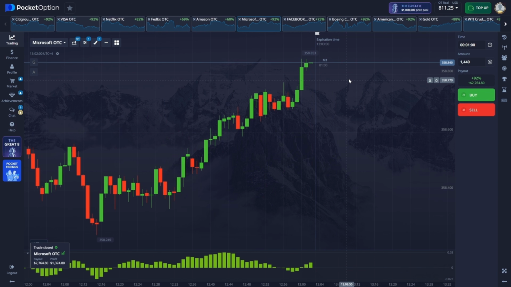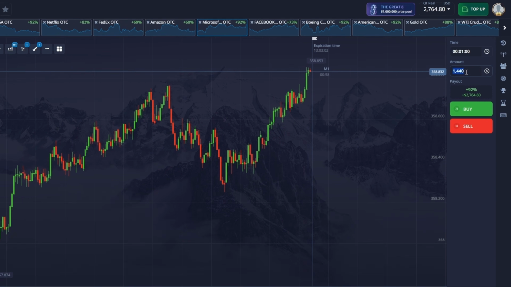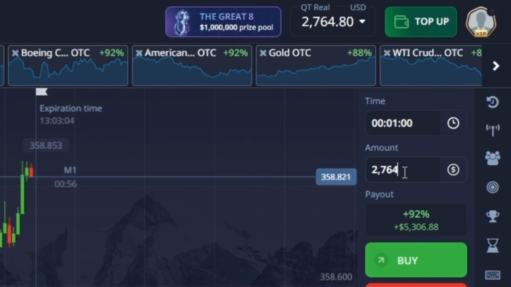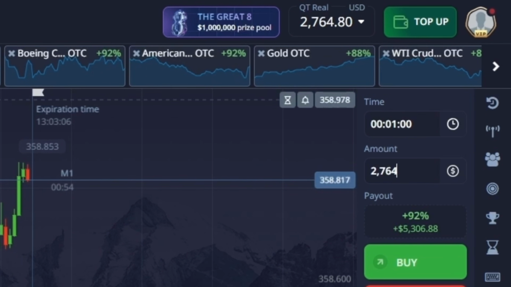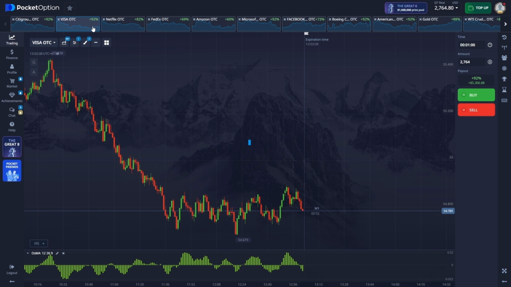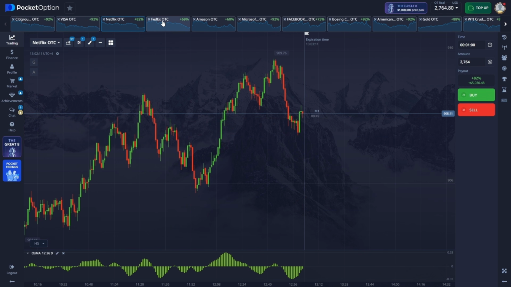Only a few seconds left, and I won another trade. Now my balance has turned into $2,764. Let's find a trade for $2,764.